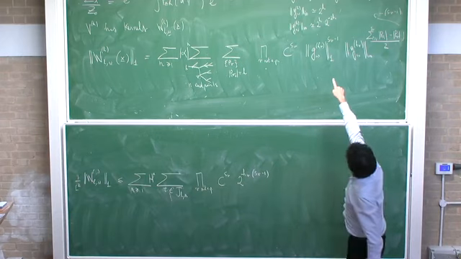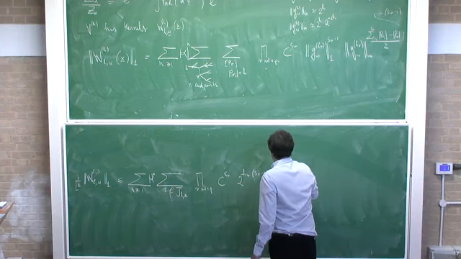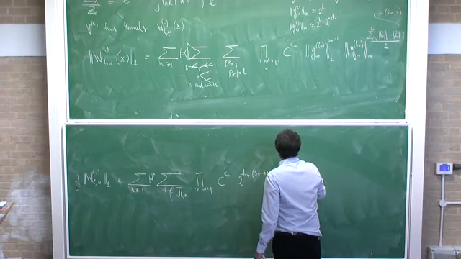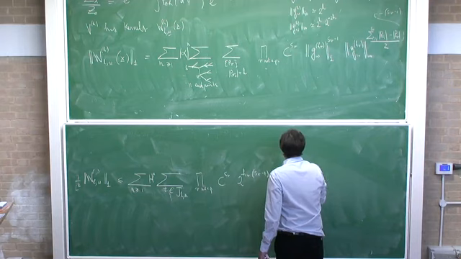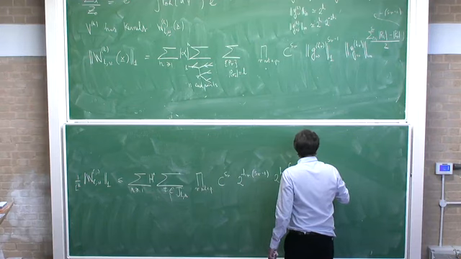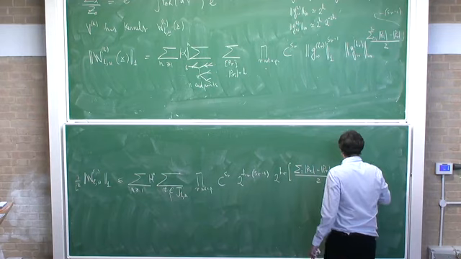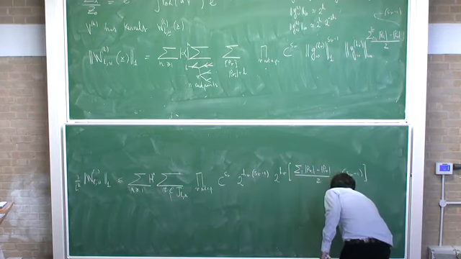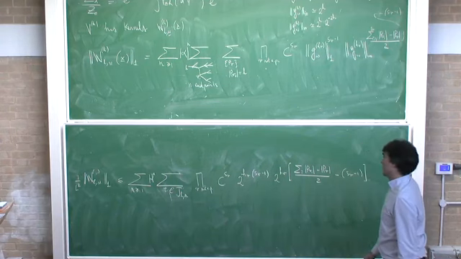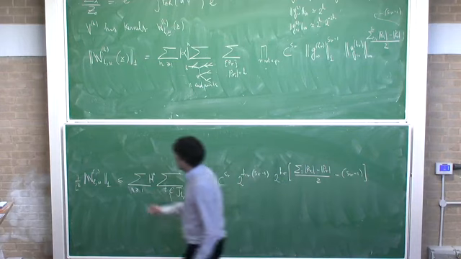The L1 norm is like 2 to the minus h. And then I have 2 to the hv, and I have this sum over i, pvi minus pv over 2 minus sv minus 1. Okay, that's it.